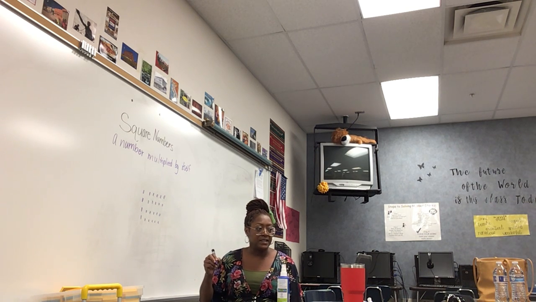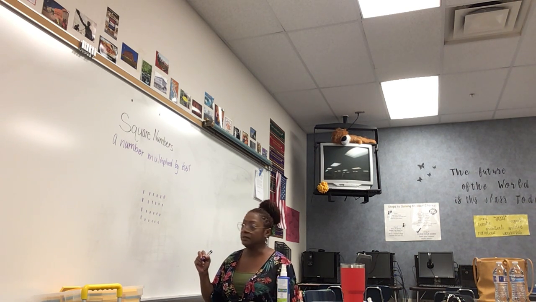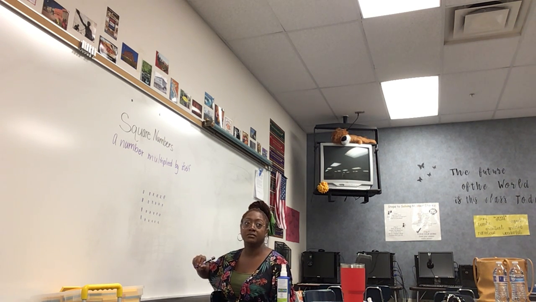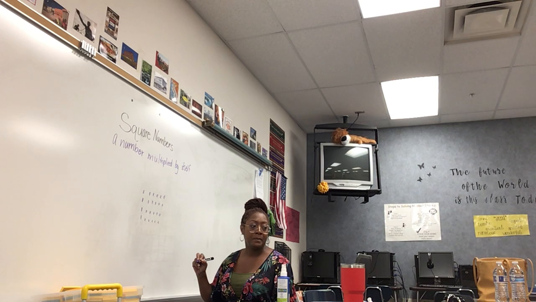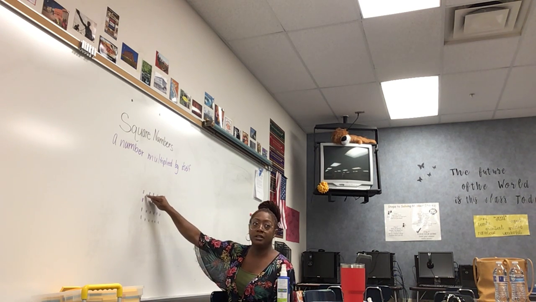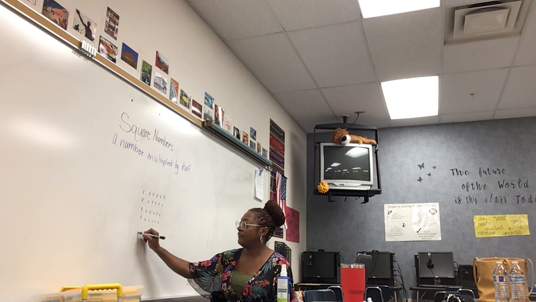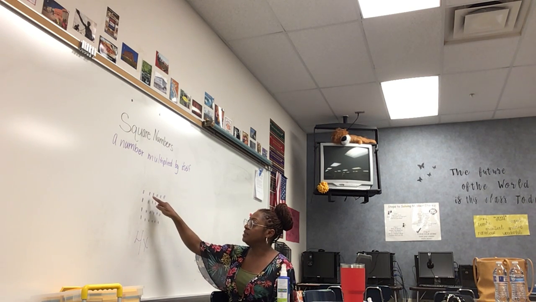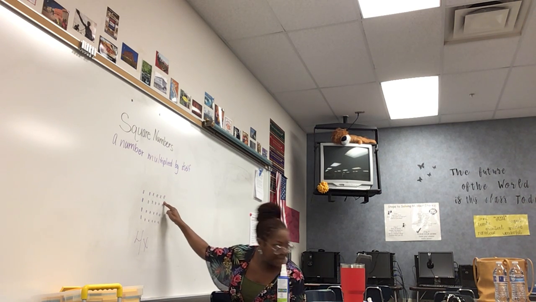So I want you to look at this and tell me what my multiplication fact would be. It's different. Let's count it. How many do we have? 1, 2, 3, 4. So we have 4 multiplied by 1, 2, 3, 4, 5, 6.